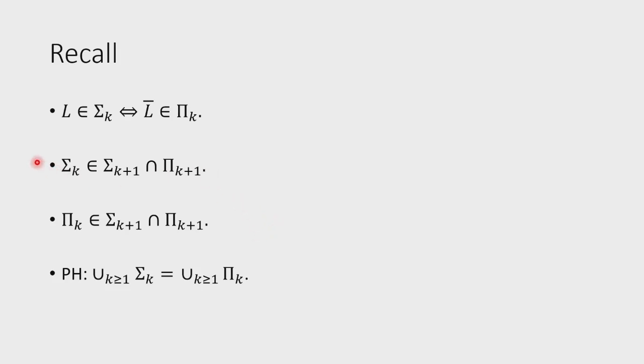Okay, so it's because of these two things over here. So let me write. The union over k greater than or equal to 1 of pi k is contained in the union over k greater than or equal to 2 of sigma k, because of this thing over here.